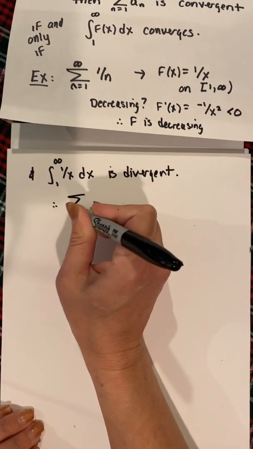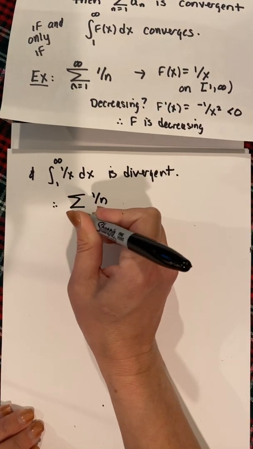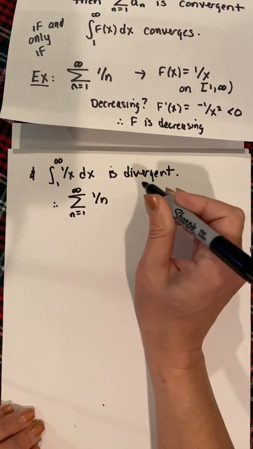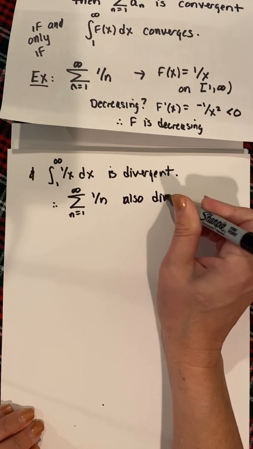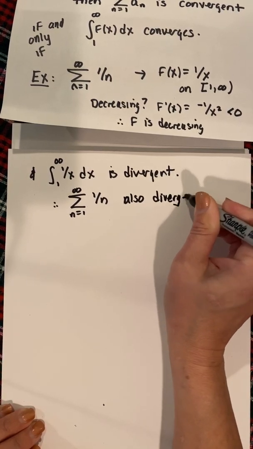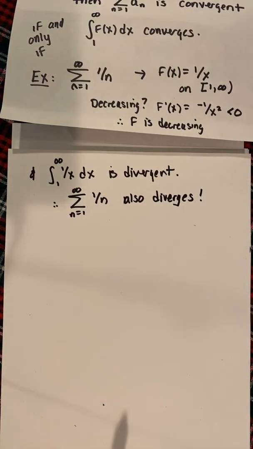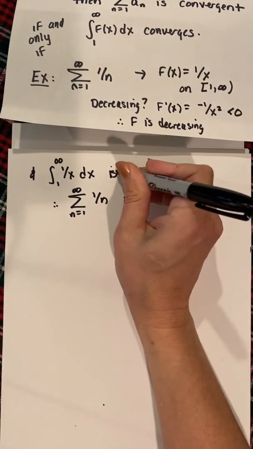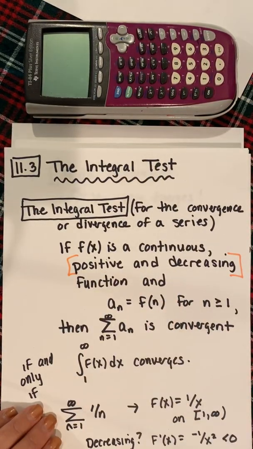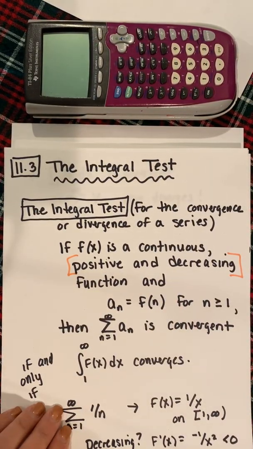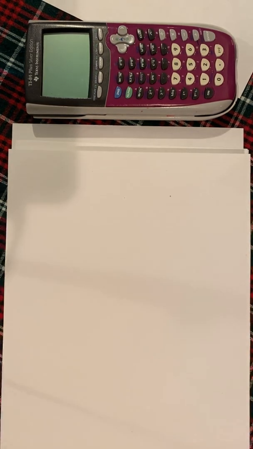Therefore, the harmonic series, n equals 1 to infinity of 1 over n, also diverges. All right, so the tricky part probably is showing that these conditions are satisfied. You can't just say, oh, it's obvious. So let's look at another one.